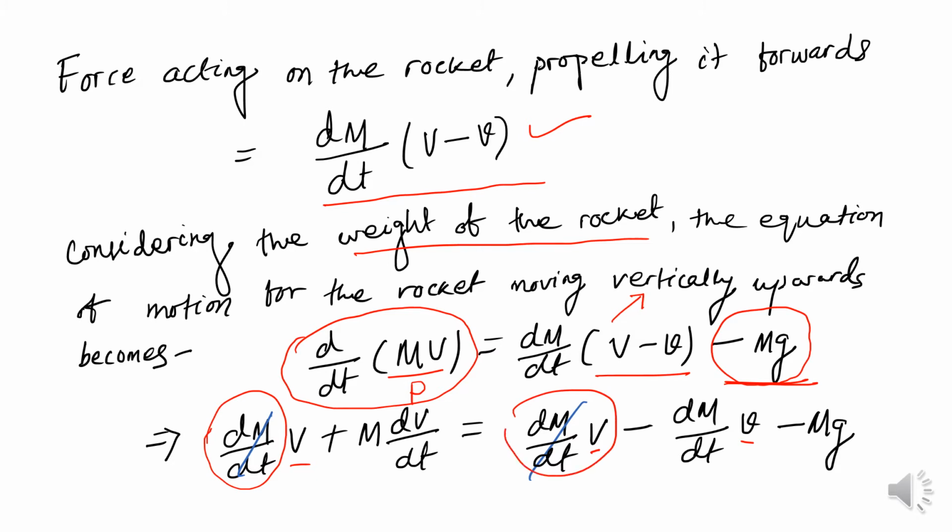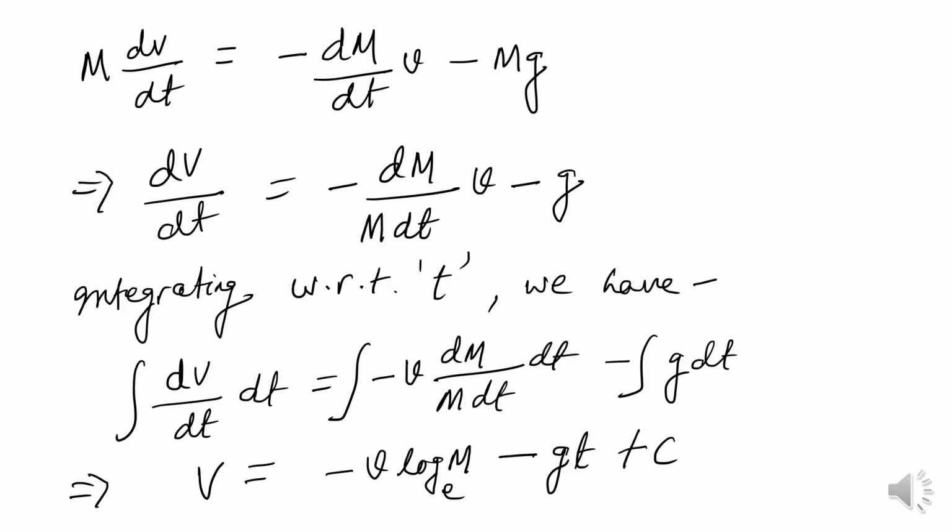So these two identical terms got cancelled, and the remaining equation is M dV/dt equals minus dm/dt into small v, minus Mg. This implies dV/dt, where capital V is the velocity of the rocket, equals minus (1/M) dm/dt small v, where small v is the velocity of the jet, minus g.